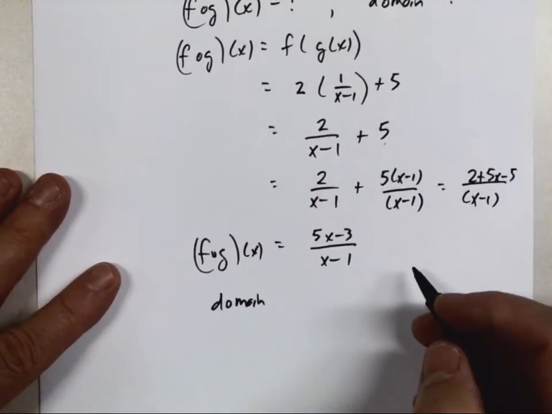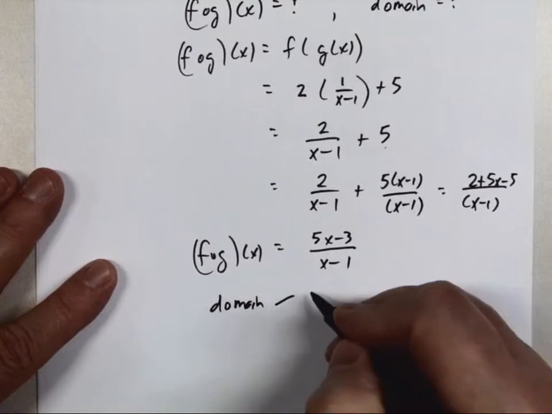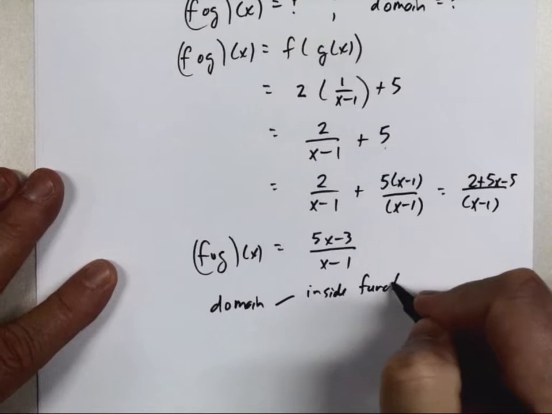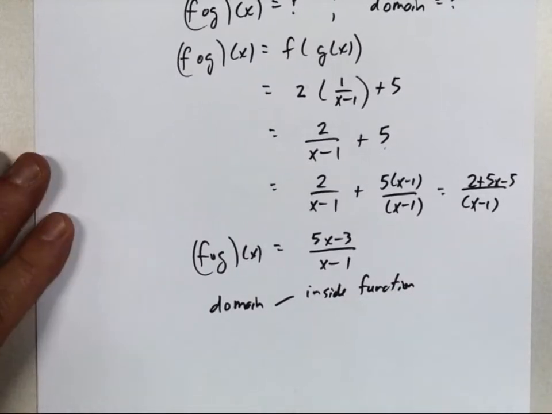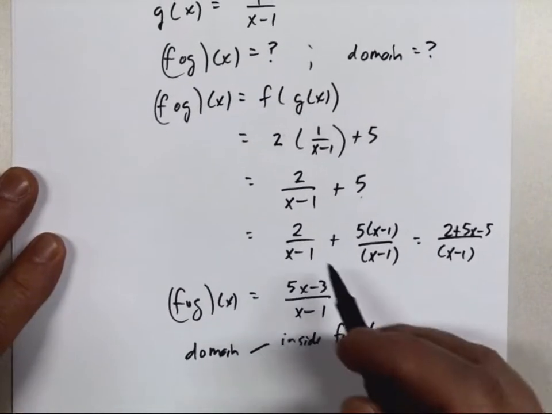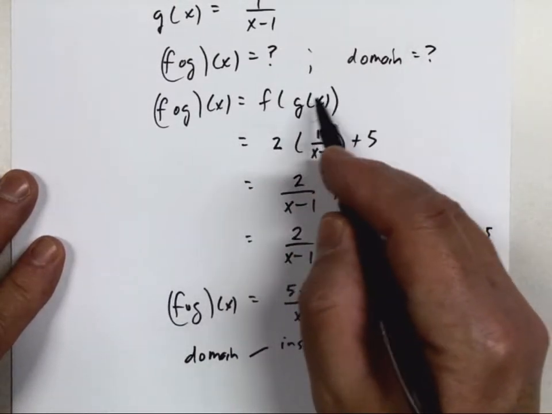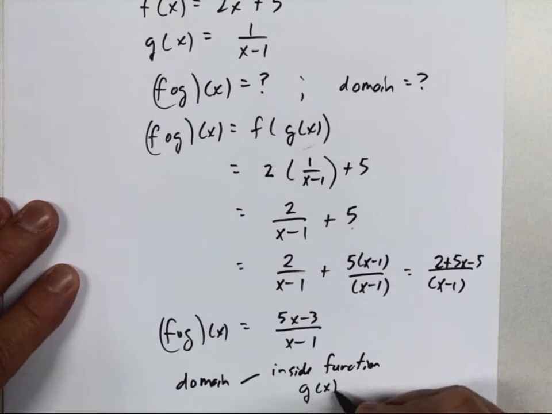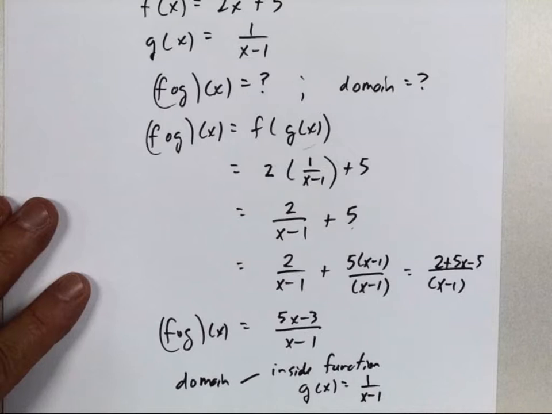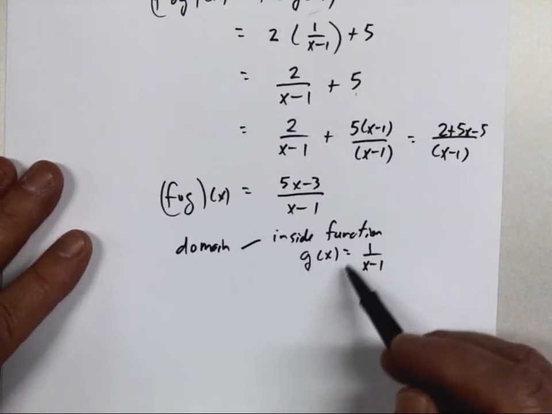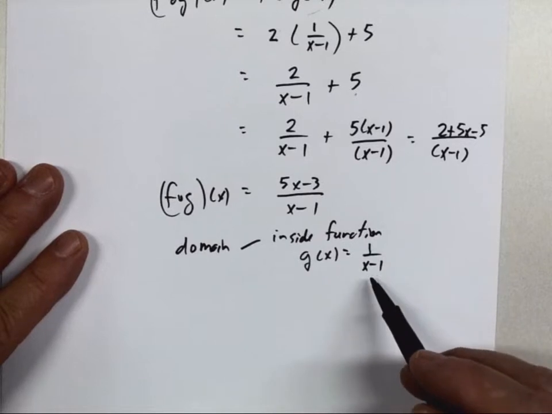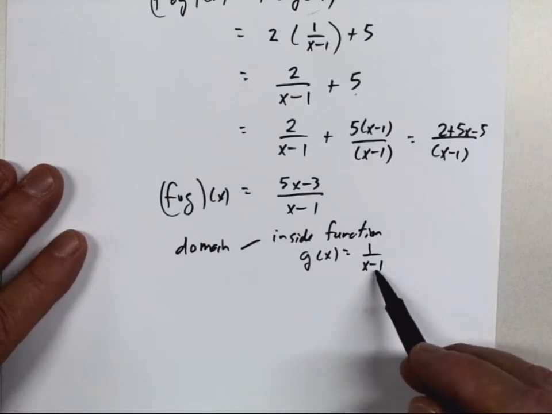Now, what's the domain of the composite function? Well, the domain, once again, is 2 parts. First, you look at the domain of the inside function. The inside function is this g of x. G of x is 1 over x minus 1. Now if you recall, when we're looking at domains, we assume the domain is all real numbers unless we have a variable in the denominator or a variable in the square root.